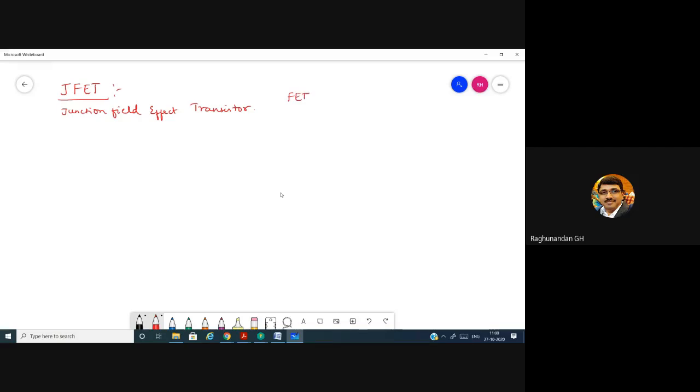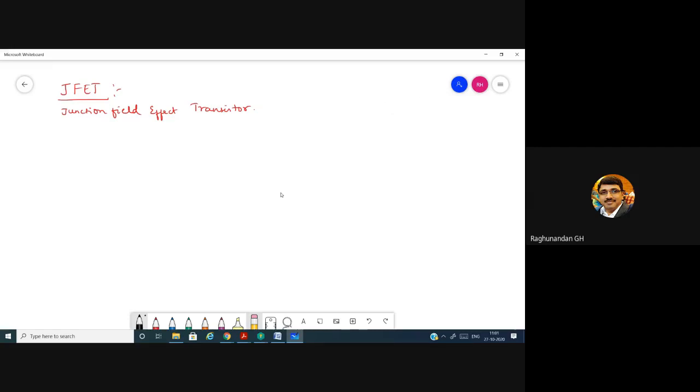But if they clearly mention MOSFET, then it is entirely different. In the exam, they'll ask you to explain N channel FET, then they're asking with respect to JFET. MOSFET is metal oxide semiconductor field effect transistor, which we'll discuss later. Okay, so keep this in mind.